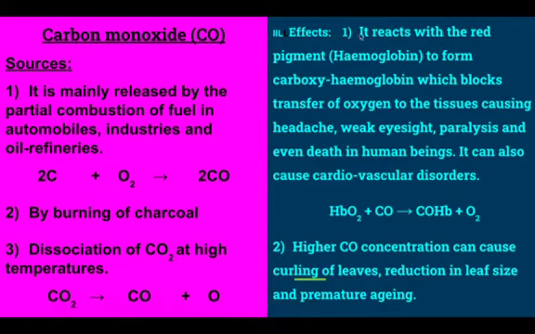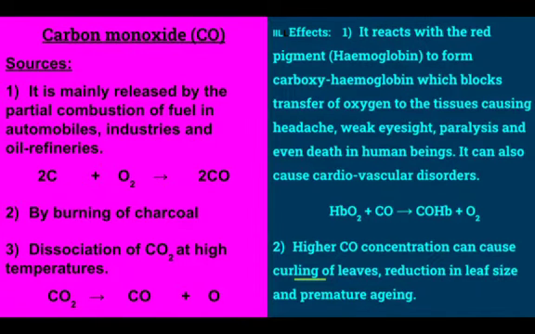Now coming to ill effects, first it reacts with the red pigment, that is the hemoglobin present in our blood, to form carboxyhemoglobin, which blocks transfer of oxygen to the tissues, causing headache, weak eyesight, paralysis and even death in human beings.